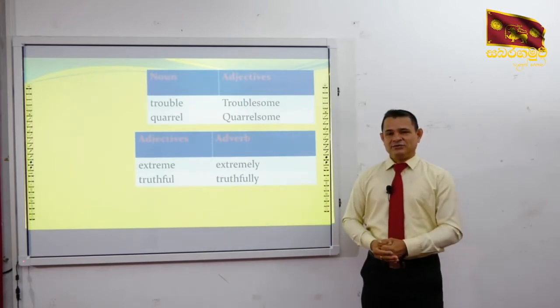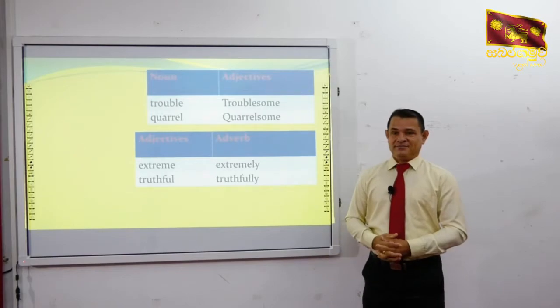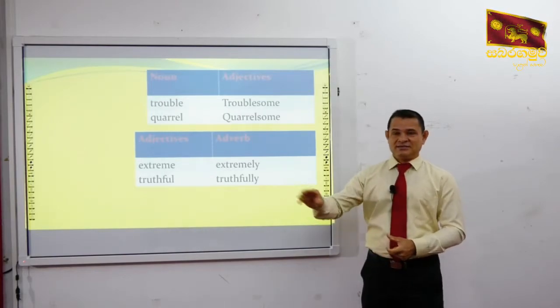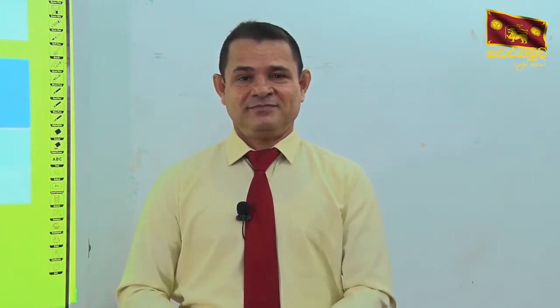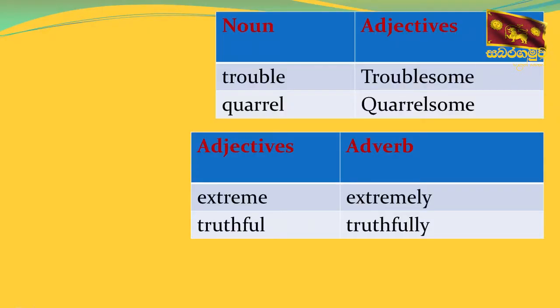Extreme is an adjective. Extreme corner. Corner is a noun, extreme is the adjective. Extremely, an adverb. You see the changes? Very interesting, isn't it? And truthful, adjective. Truthful students. And truthfully. You see, just by adding the suffix, it became an adverb.